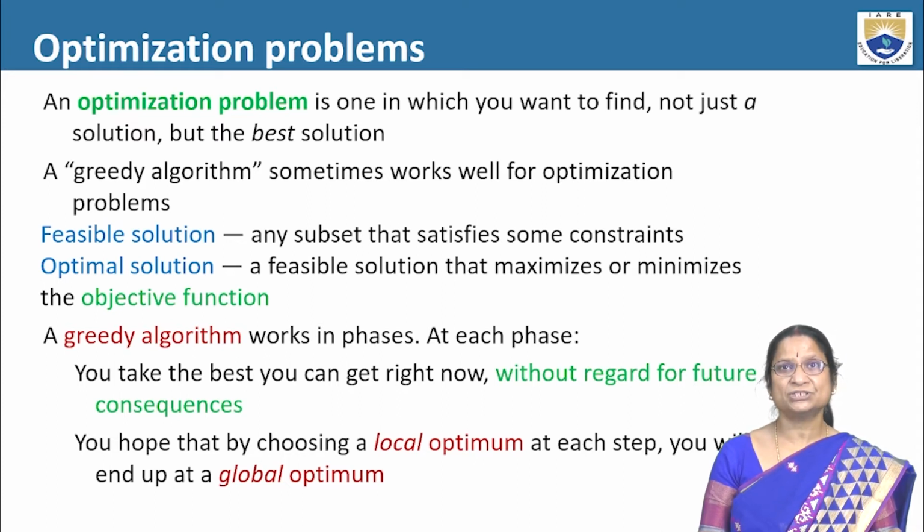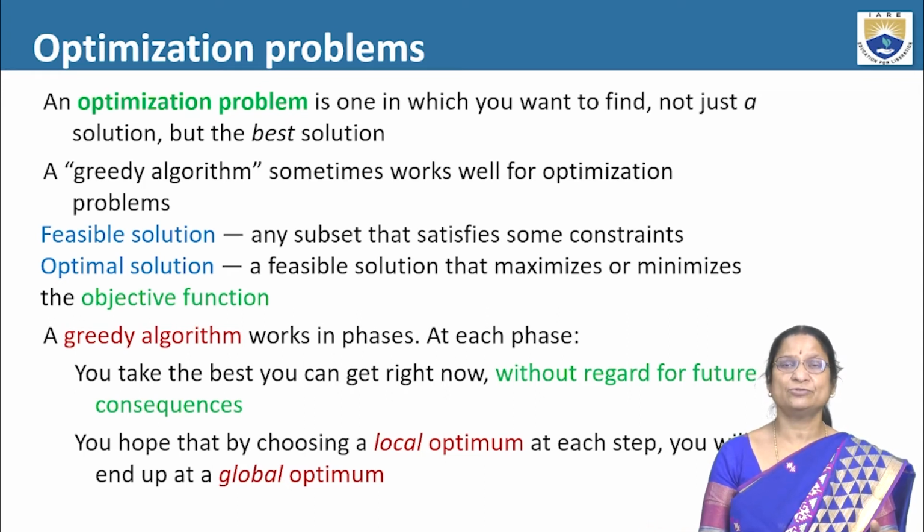What is an objective function? When we are solving certain problems, generally we look forward to getting a maximum value or a minimum value. For example, if the problem is related to a business, we always look forward to maximizing the profit.